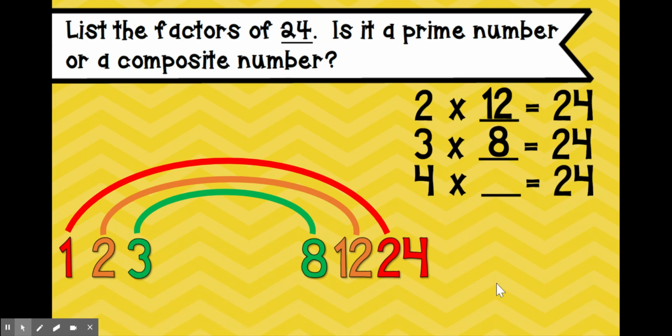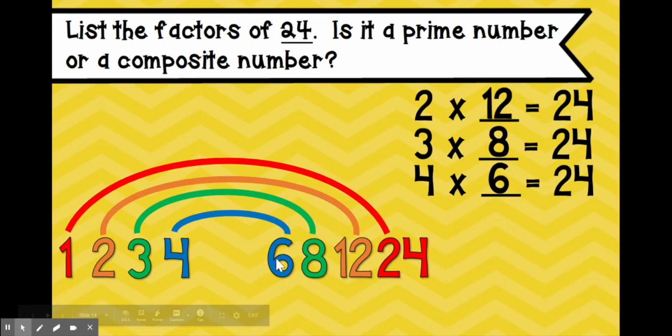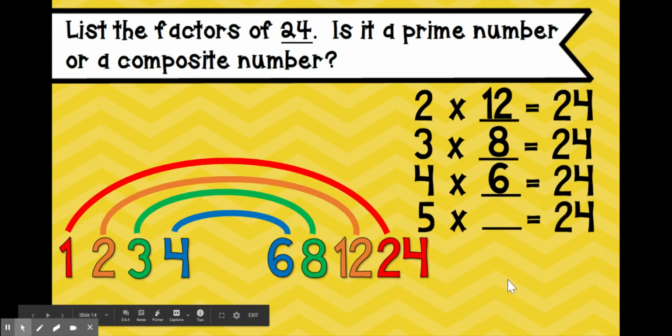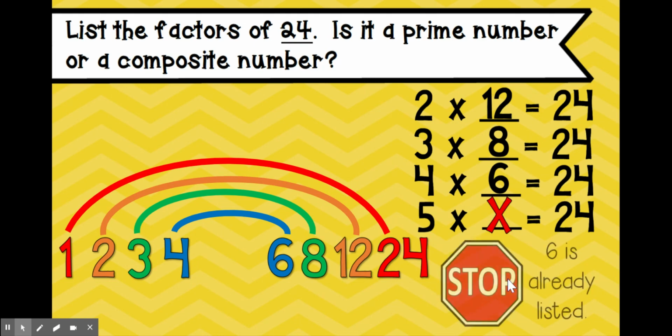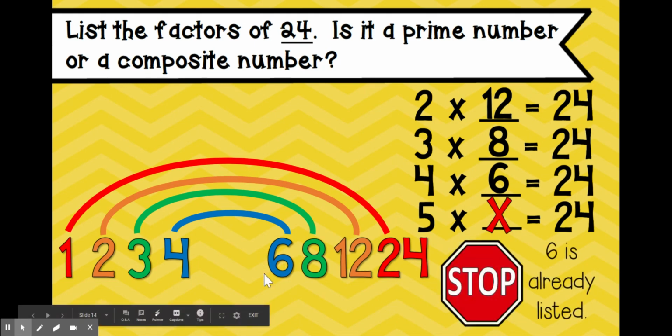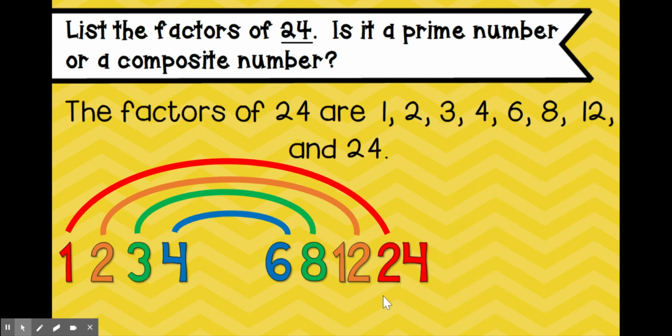Is there a number times 4 that will give us 24? 6. 4 times 6 equals 24. So 4 and 6 are factors. How about 5? Is there a number times 5 that would give us 24? Nope. So we would stop. 6 is already listed, so we do not have to go any further. So is 24 prime or composite?